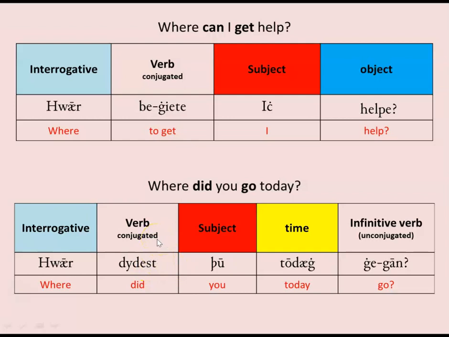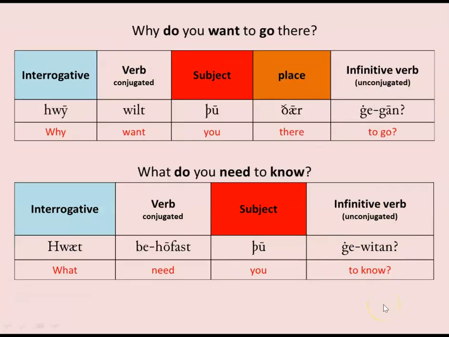I hope I didn't say present tense. Past tense, sorry. Second person, past tense, singular, dudest. Thu today, yagan. Go. Hawar dudest thu today yagan. Where did you go today? Why do you want to go there?